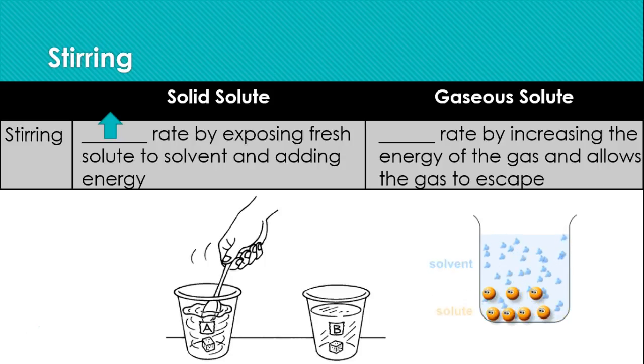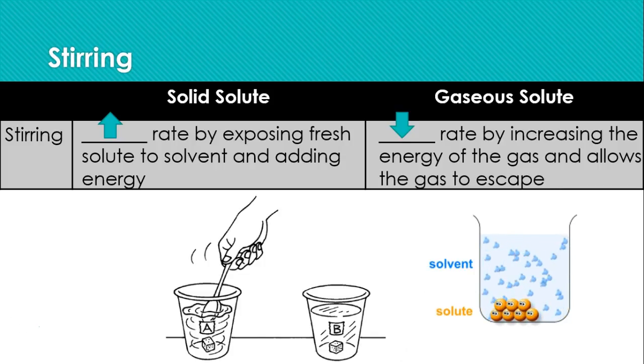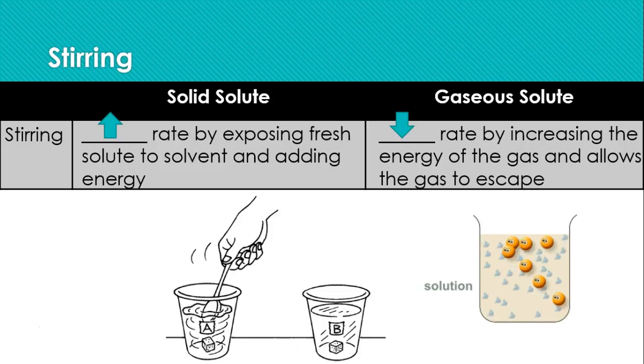For gas, it has the opposite effect, because remember that if you give gases energy, they escape the solution. So for stirring with a gaseous solute, it decreases the rate. You wouldn't want to stir your soda because all the gas particles would come out and it'd become flat.